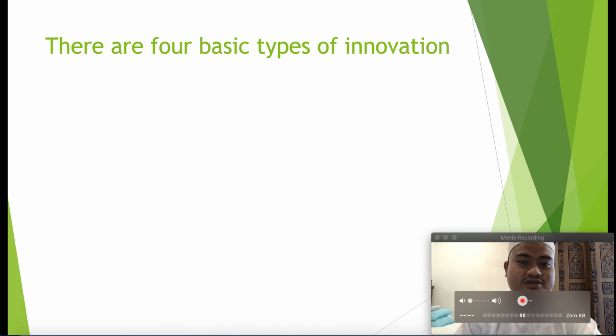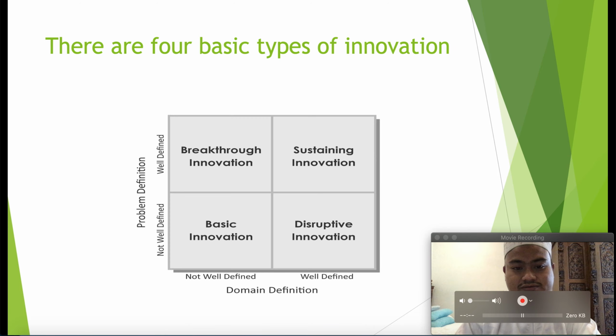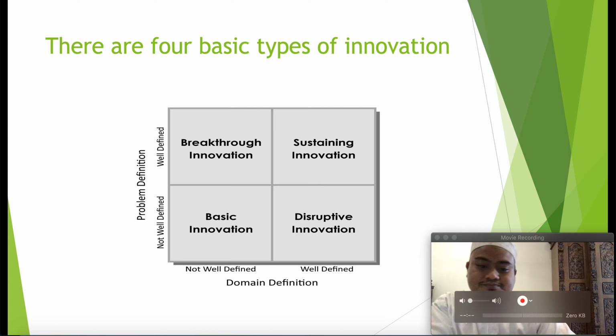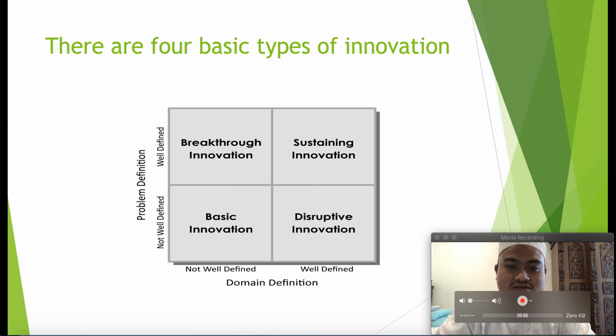There are four basic types of innovation. First is breakthrough innovation, sustaining innovation, basic innovation, and disruptive innovation. These are the four types of innovation.